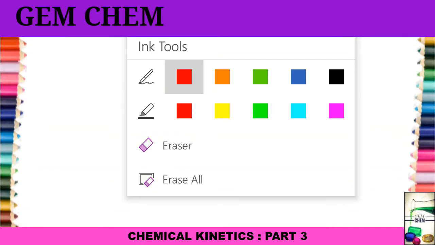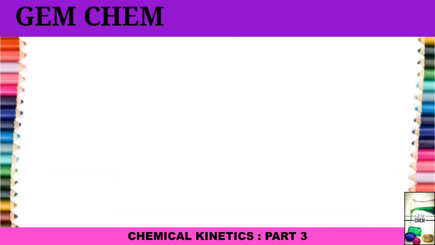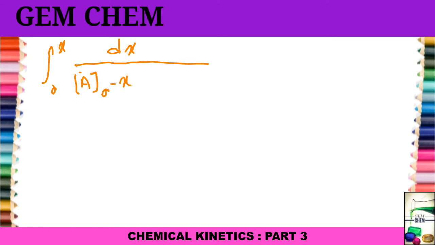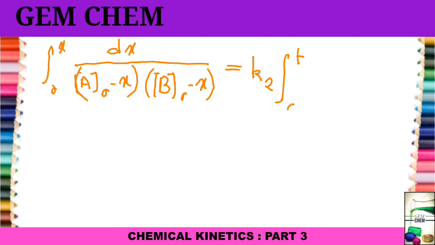So let us do the integration. It will be like this: integration from 0 to x of dx by A0 minus x and B0 minus x, right, equals K2 integration 0 to t dt.